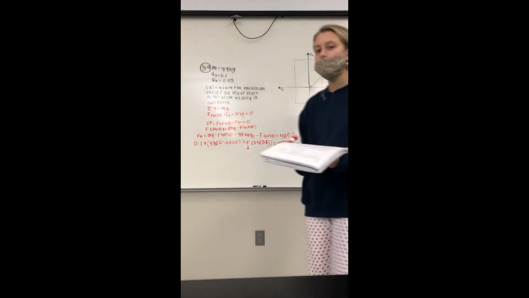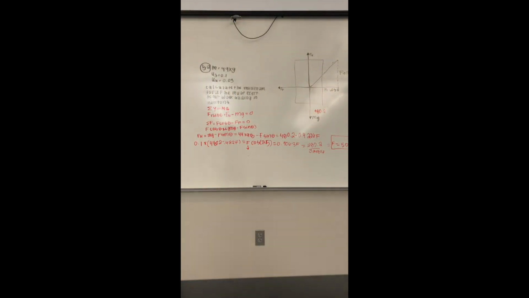So how did I find that, you may ask? Well, I made a free body diagram, and then I asked myself what forces are going in the vertical direction and what forces are going in the horizontal direction. And using Newton's second law, force equals mass times acceleration, I was finding the sum of the forces equals 0.